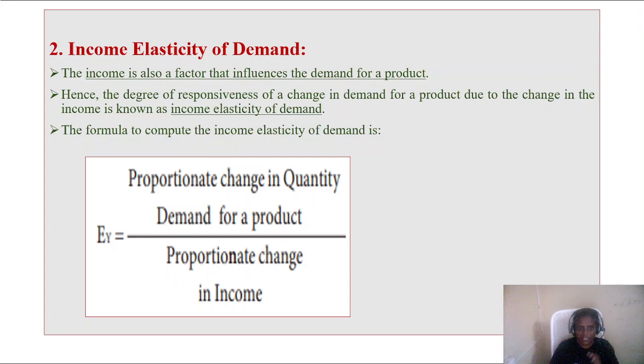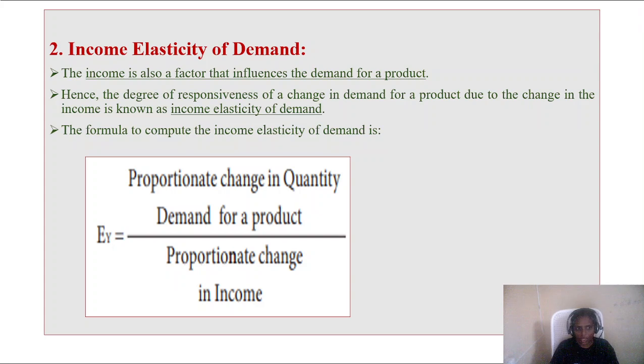Whenever there is a proportionate change, keep in mind that proportionate means the same ratio. The same ratio of change in the income of the consumer leads to proportionate changes in the quantity demanded for a commodity, which we call income elasticity of demand.